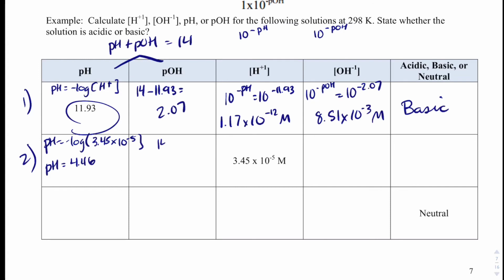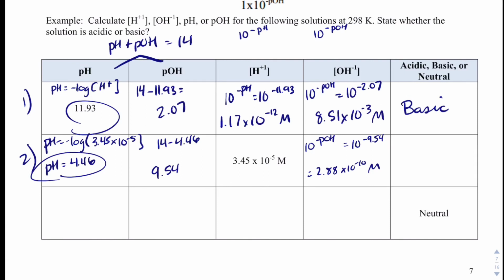To get pOH, I'm going to take 14 minus 4.46, and I'm going to get 9.54. To get OH minus, I'm going to take 10 to the minus pOH, and I get 10 to the minus 9.54, which is 2.88 times 10 to the minus 10 molar. This pH is less than 7, so this would be considered acidic.